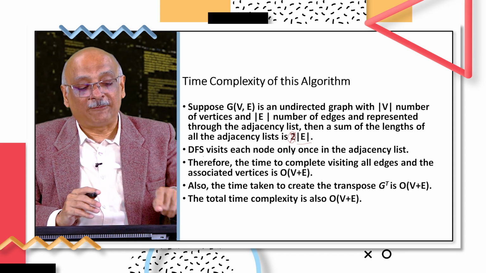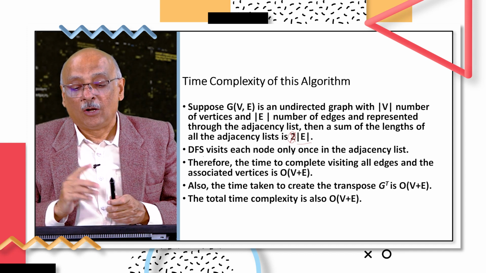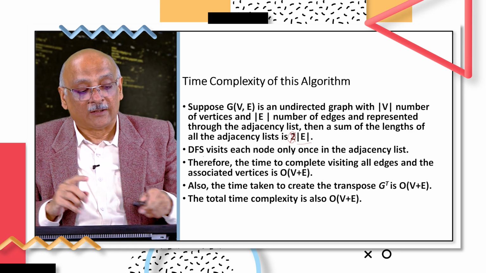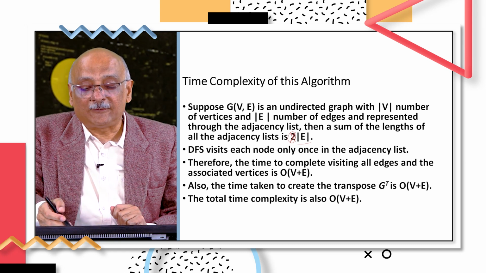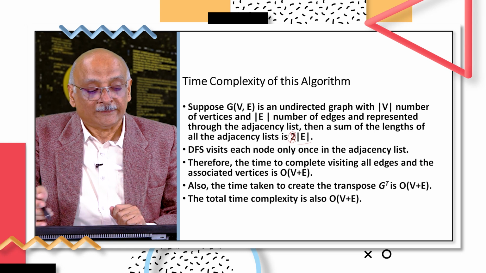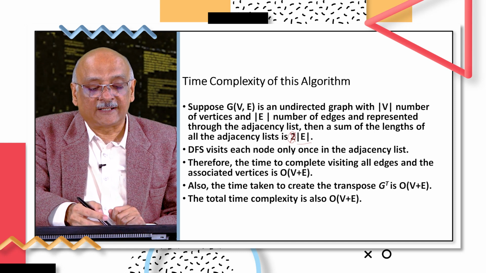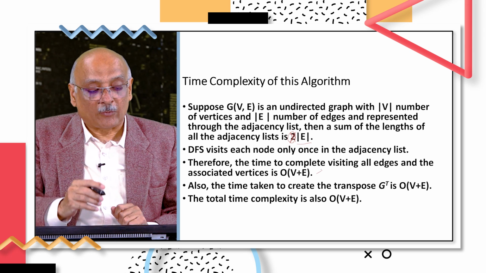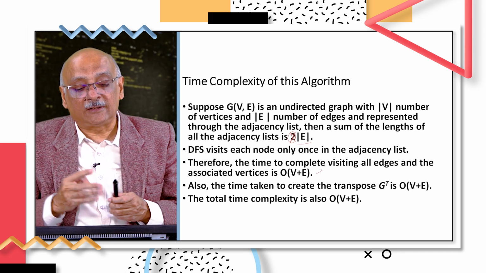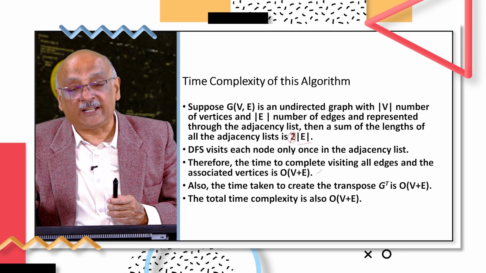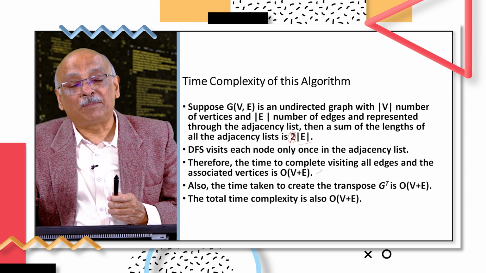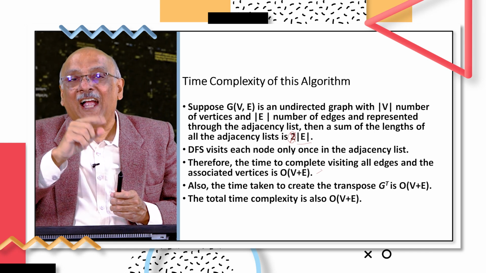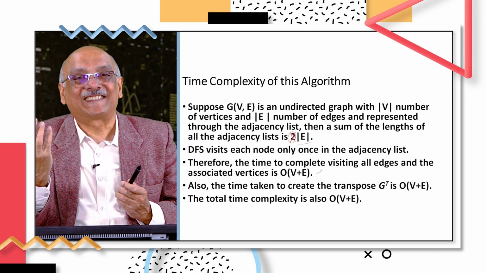DFS visits each node only once in the adjacency list. Therefore, the time to complete visiting all edges and the associated vertices is of order V plus E. Also, the time taken to create the transpose GT is order V plus E, because we are traversing all the lists and every edge once.